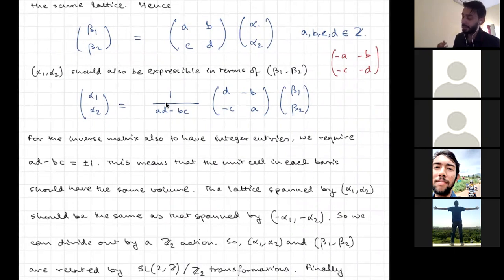Yeah, the thing at the end of the day is that if you have something which is alpha 1, alpha 2, and something which is minus alpha 1, minus alpha 2, these will be the same, right?